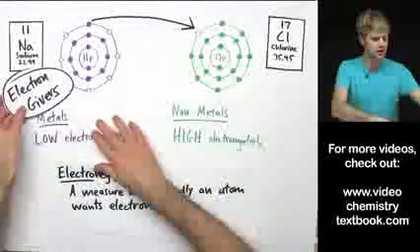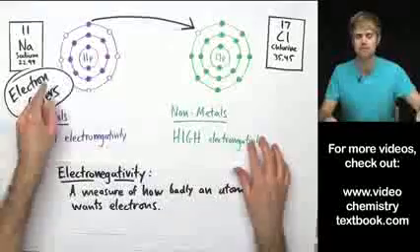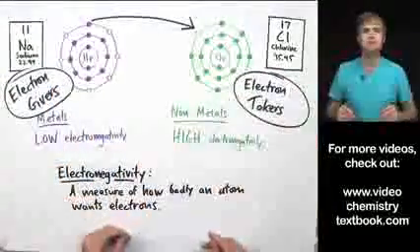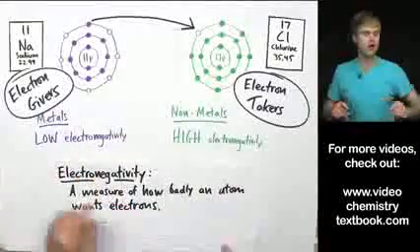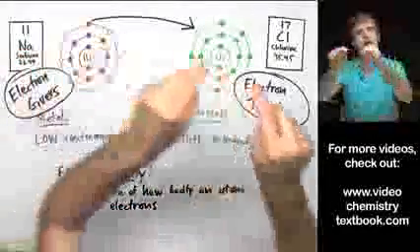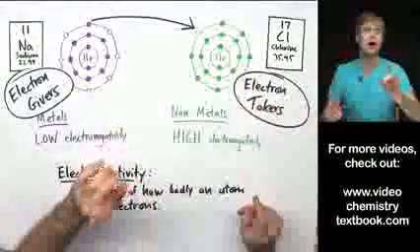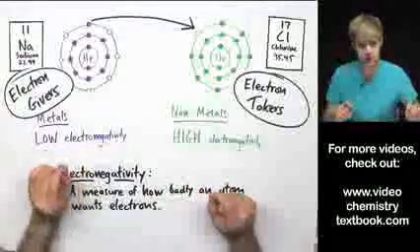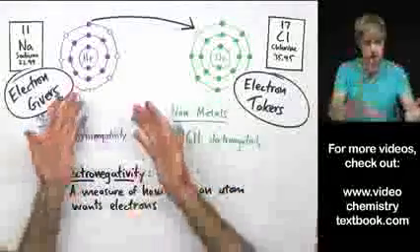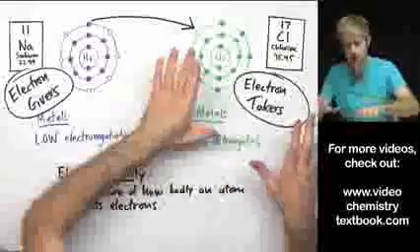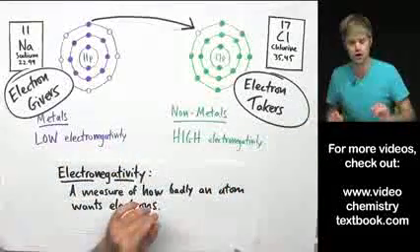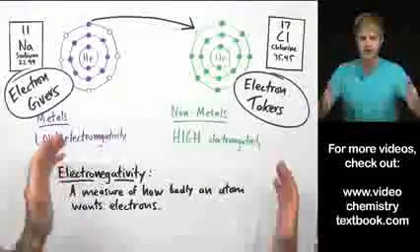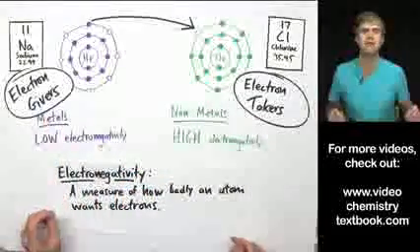The metals, like sodium, are the electron givers, and the nonmetals, like chlorine, are the electron takers. Electrons always move from the metal to the nonmetal. Because of that, the metals always become positively charged because they lose electrons, and the nonmetals always become negatively charged because they gain electrons. It's all about electronegativity, the greediness of an atom for electrons.